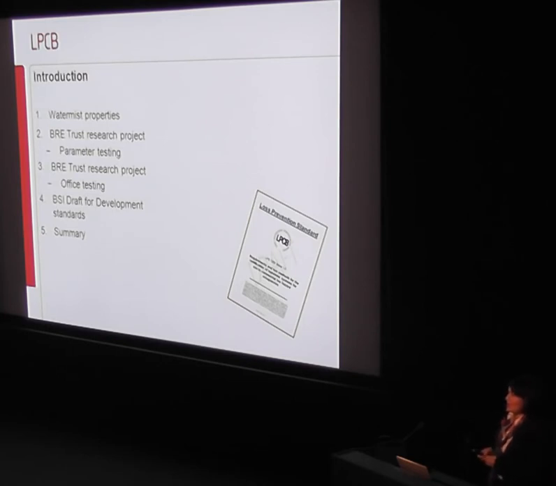Water mist has been around perhaps for about 20 years, and its development has generally been towards the ship industry, looking at flammable liquid fires in engine rooms, in quite controlled environments, quite often flammable liquids, not always Class A environments.